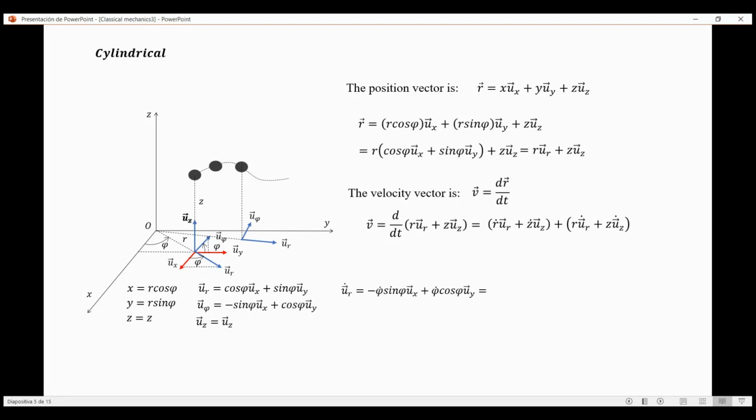So ur dot, deriving with respect to phi, is minus phi dot sine of phi ux plus phi dot cosine of phi uy. If we take common factor phi dot, this is phi dot multiplying minus sine of phi ux plus cosine of phi uy, and this is simply phi dot u sub phi.